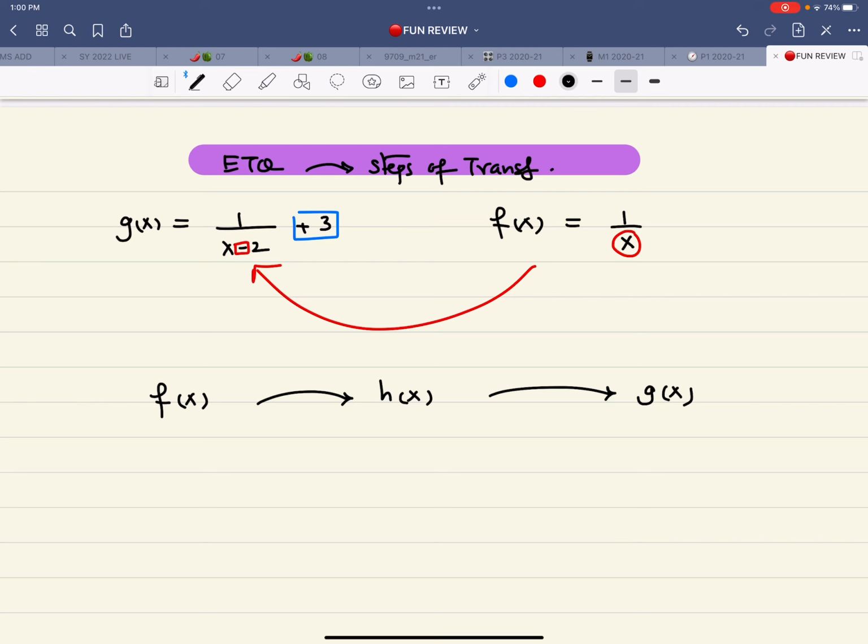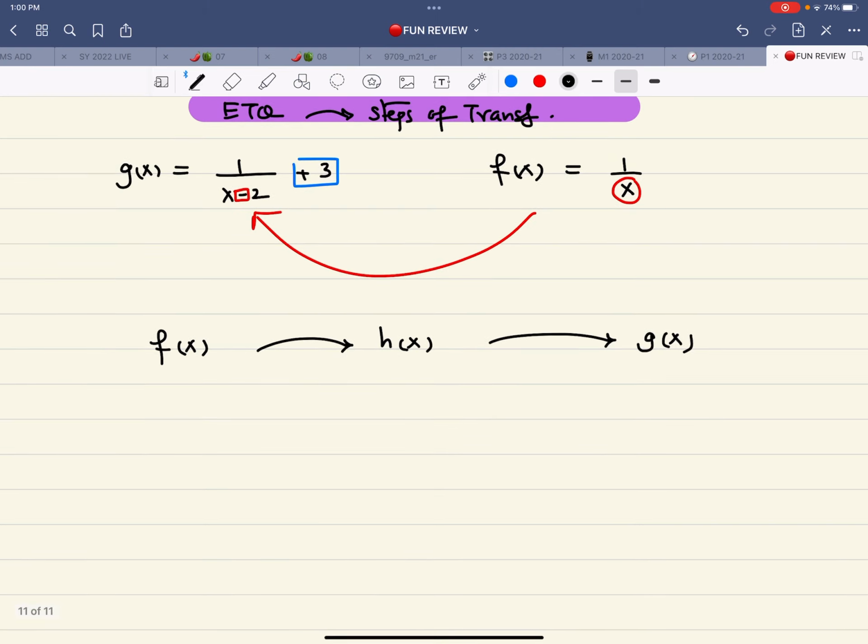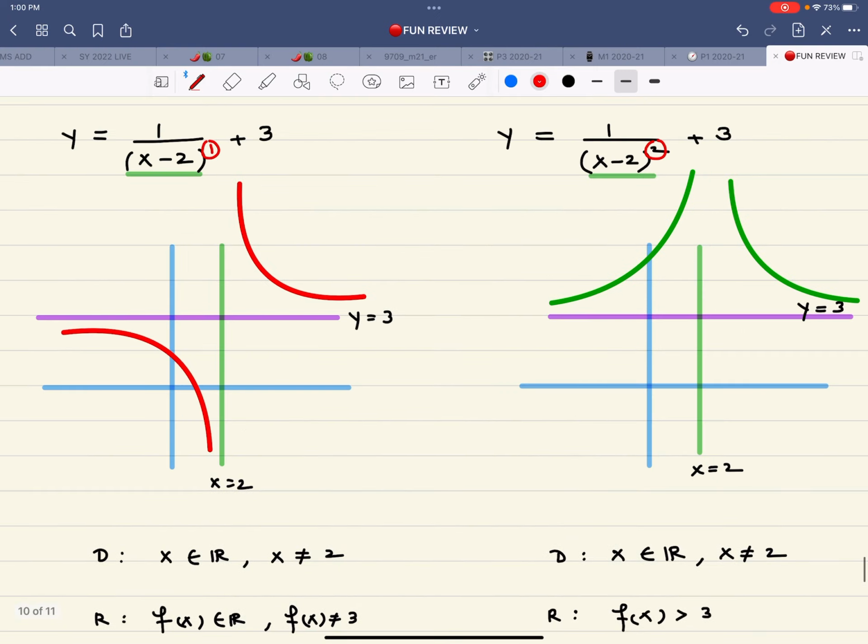First of all, what you have done is that you have shifted the graph, sketch 2 units to the right, because the minus sign with the x means 2 units to the right. Exactly, that's what you have done.